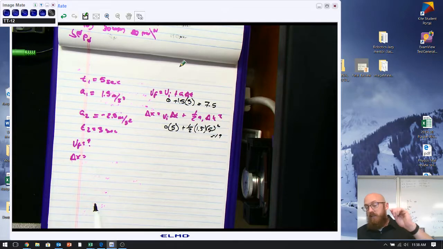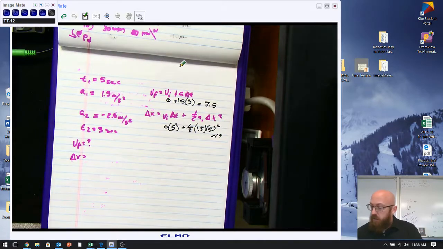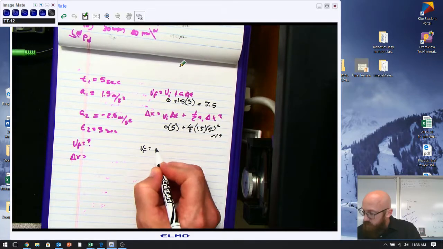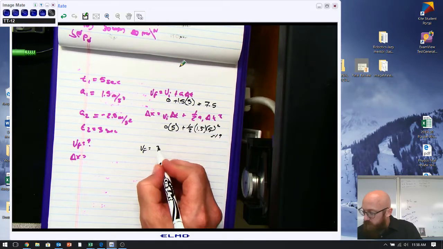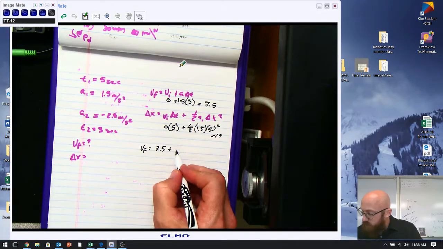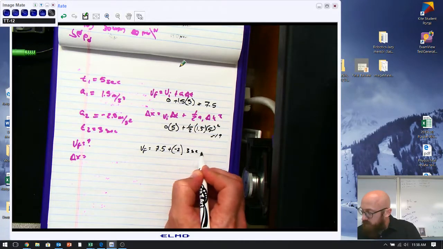That's speeding up. Now, just like the rocket problem, if you have two velocities, two accelerations, you've got to do the problem twice. So you set this exact same thing up, but now for the second one, VF equals VI, which is 7.5, plus your acceleration 2, which is -2, times 3 seconds.